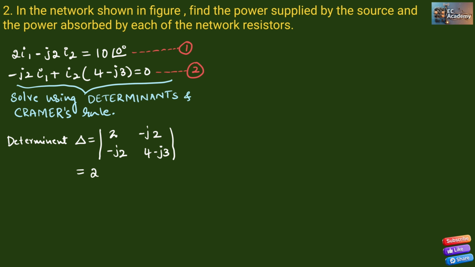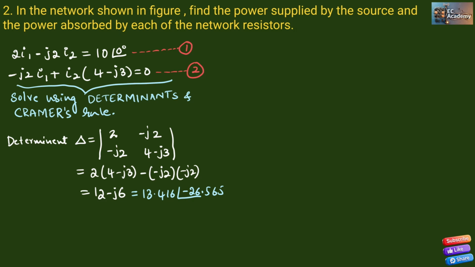It will be 2 into (4 minus J3) minus (minus J2) into (minus J2). So this will be equal to 12 minus J6, which is equal to 13.416 at an angle of minus 26.565 degrees.